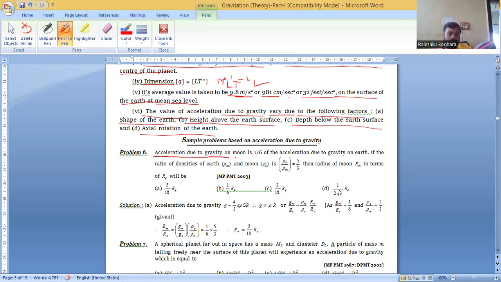Acceleration due to gravity on the moon is 1/6 of the acceleration due to gravity on Earth.